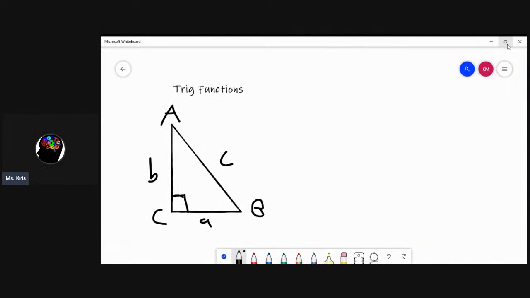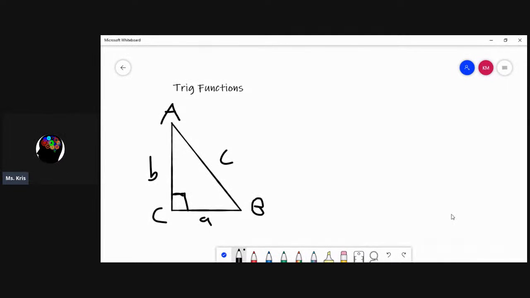Handy dandy graph or whiteboard. So now, if you remember yesterday, we talked about trig functions as it relates to each angle. Notice that the hypotenuse, this is very important. The hypotenuse is always the side that is opposite of the right angle.